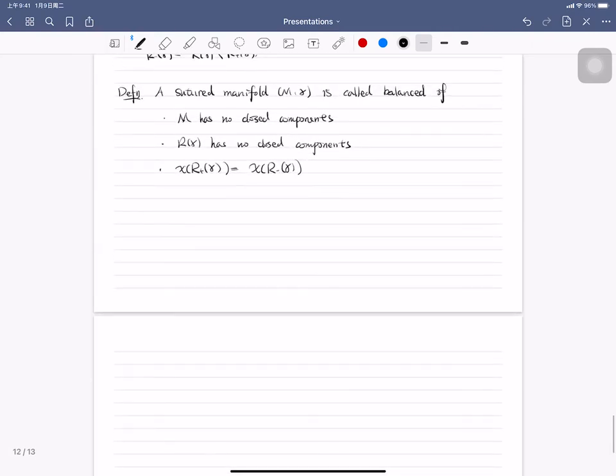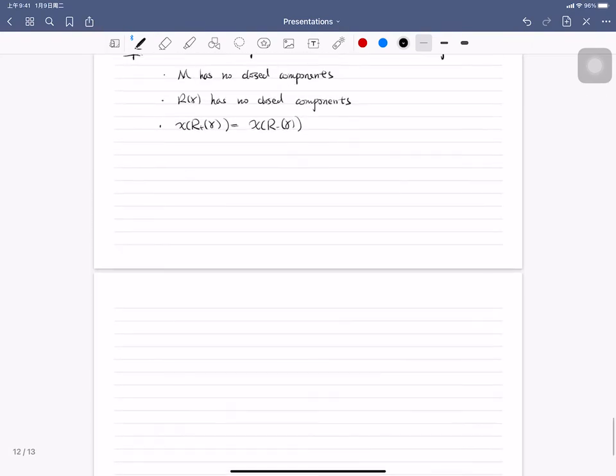There are many examples of balanced suture manifolds, so let me draw two of them. We can have a three ball, and we have one simple closed curve on the boundary. This could be the suture. Say this is R plus and that is R minus, so the normal of the boundary is pointing outward.